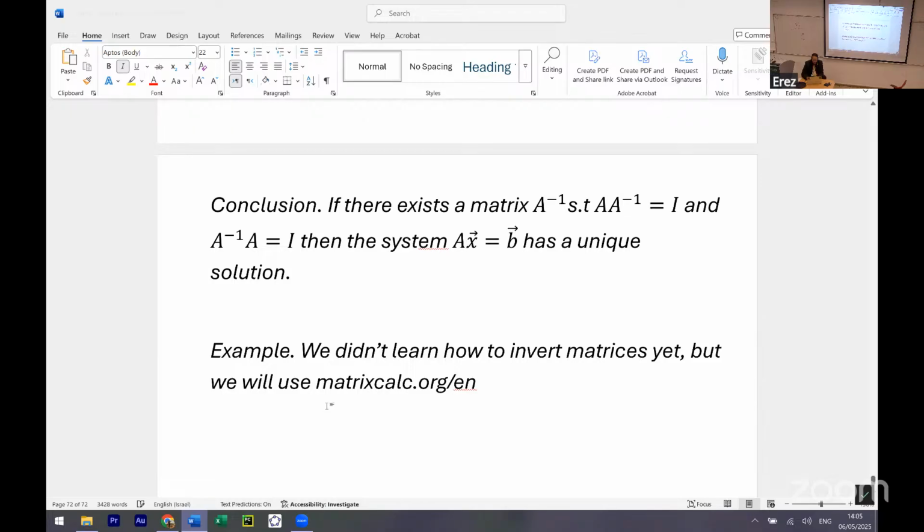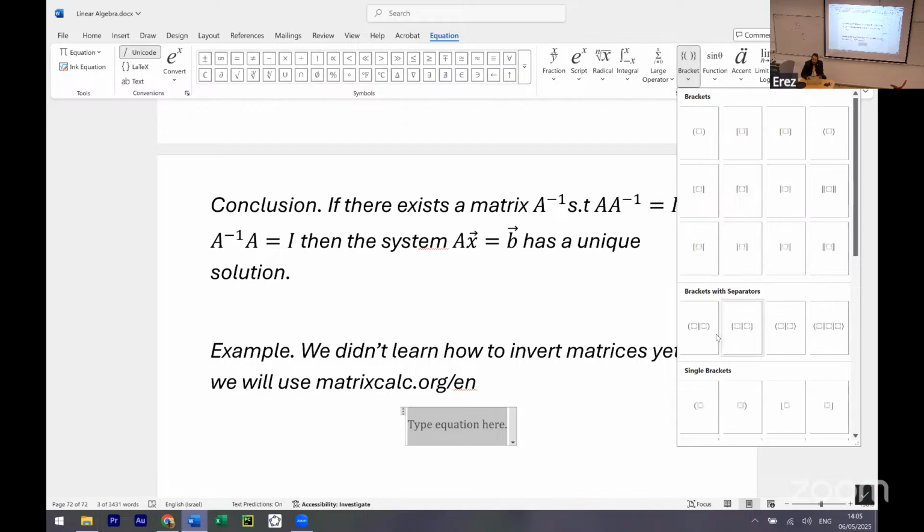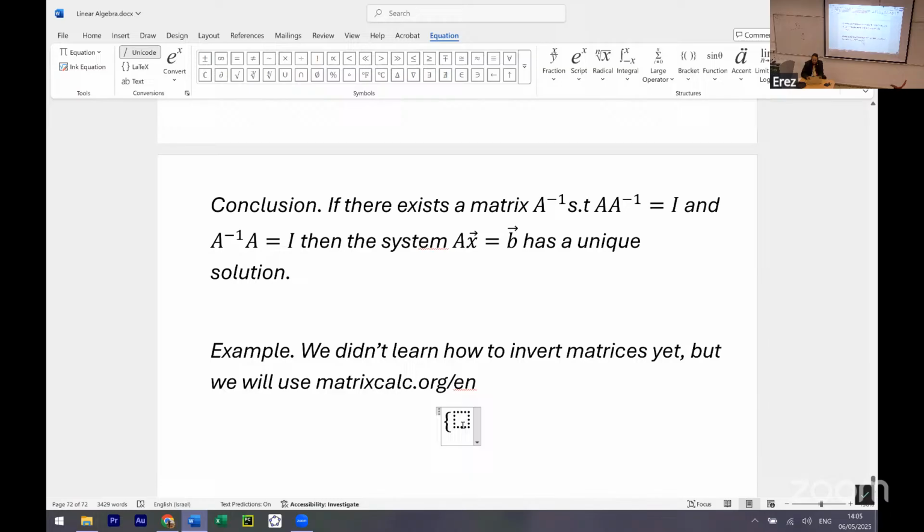Hopefully it's the right address. So let's take some system of equations. Let's do it 3 by 3. So x plus y plus z equals 1, x minus 2z equals 2, y minus z equals 3.